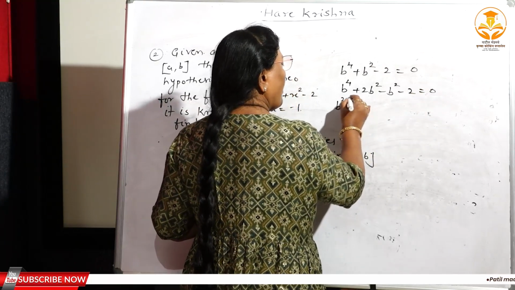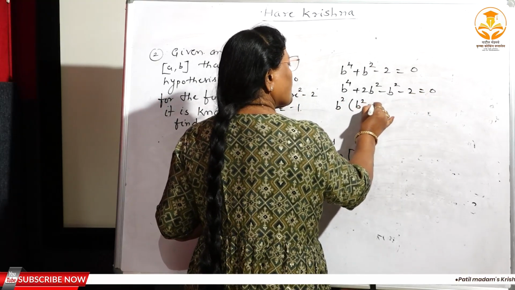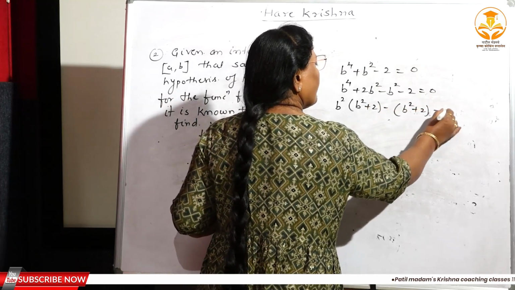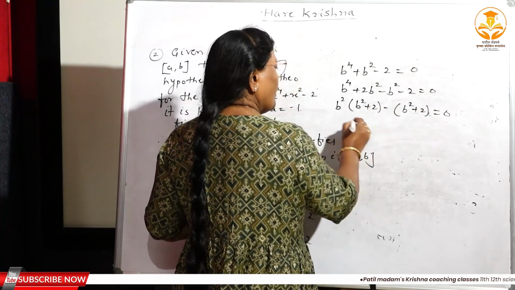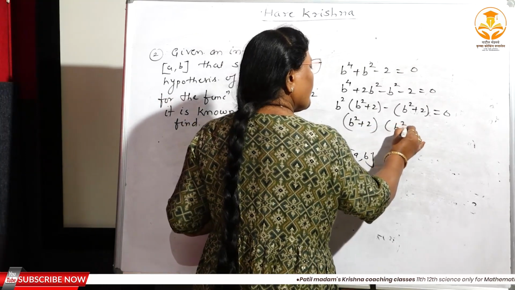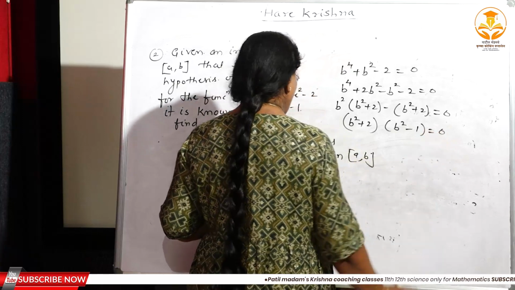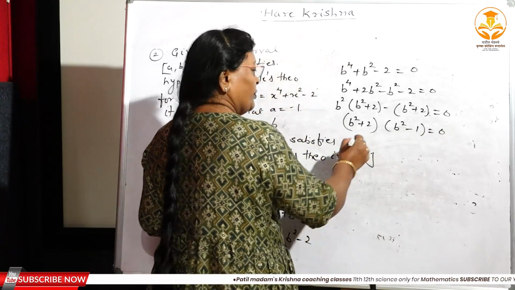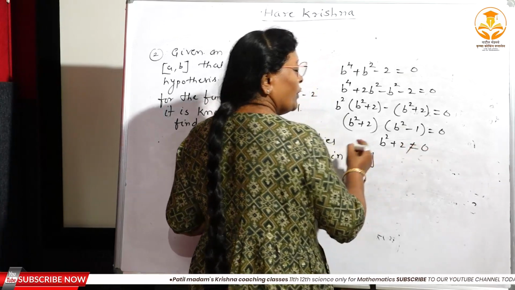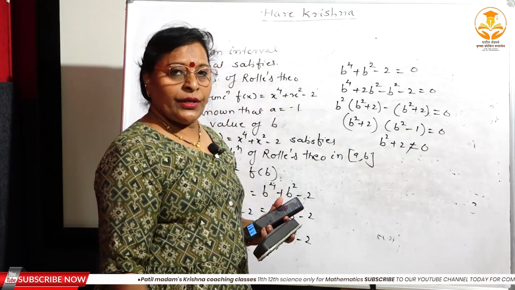B square you can take common, b square plus 2, and here you can take minus 1 common, b square plus 2, equal to 0. Again here you have b square plus 2 and b square minus 1 equal to 0, isn't it? Therefore b square plus 2 cannot be equal to 0 since we would get an imaginary number.